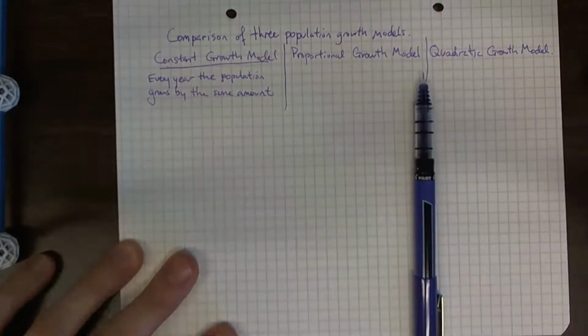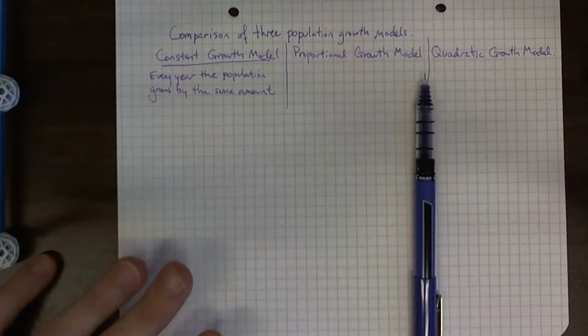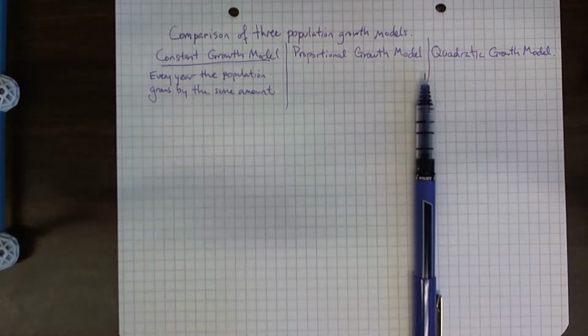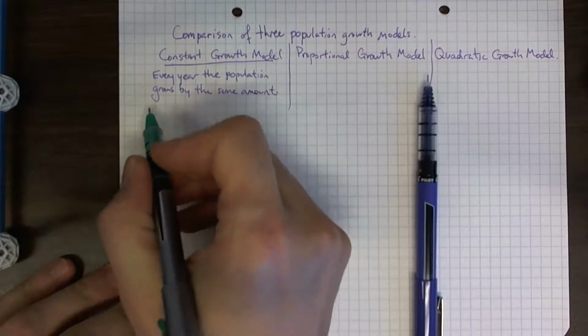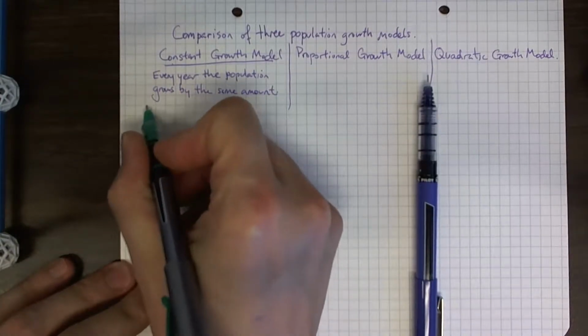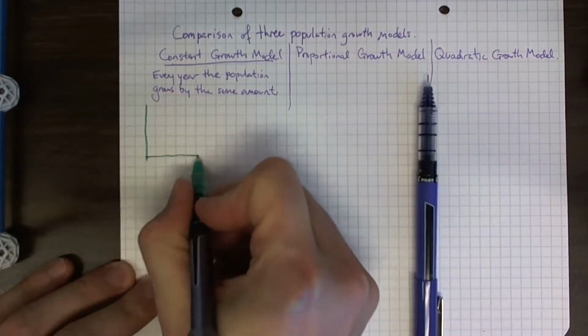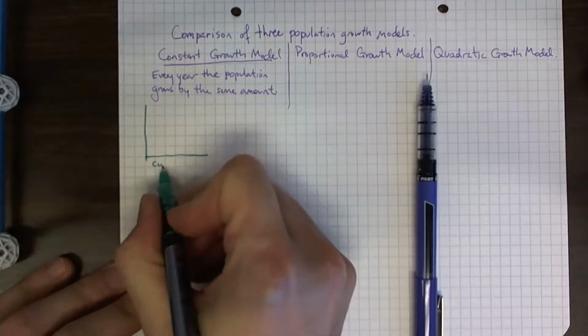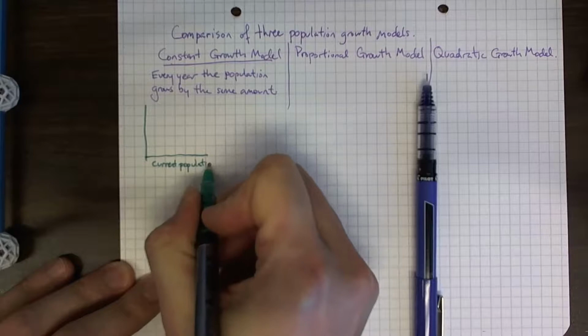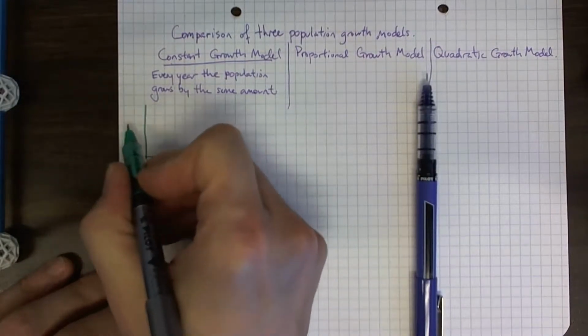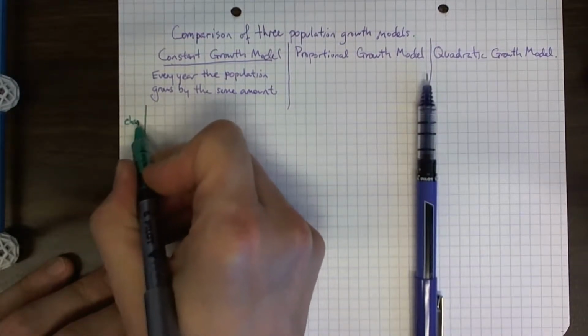So I'm going to draw two different pictures here. I'm going to first talk about a picture with what this constant growth looks like. So we have a picture where we have the current population, and we can have a picture about the change in population.